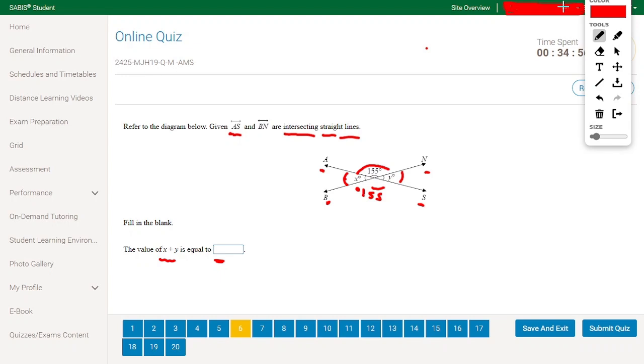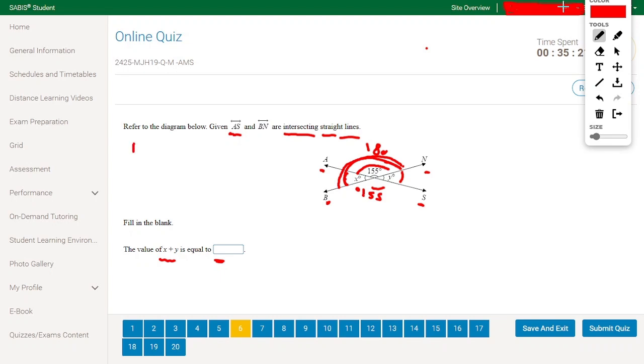This angle will be equal to 180 because these two angles lie on a straight line. This is a pair of angles on the same line, so the angles here add up to 180.